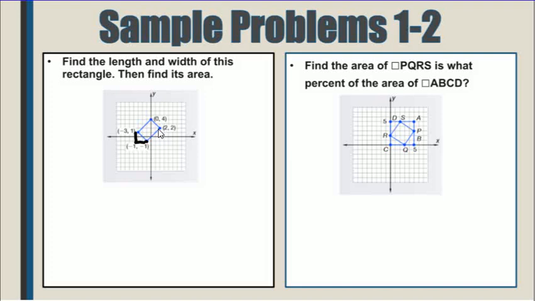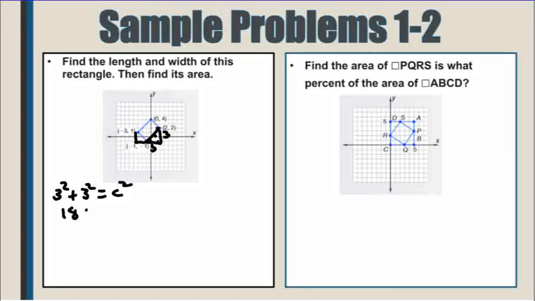So from this point, we have 1, 2, 3. So this is a base of 3. And then we went up 1, 2, 3. So it's 3. So we're going to use the Pythagorean theorem because with right triangles, the base is 3, the height is 3. So we have 3 squared plus 3 squared has to equal c squared.